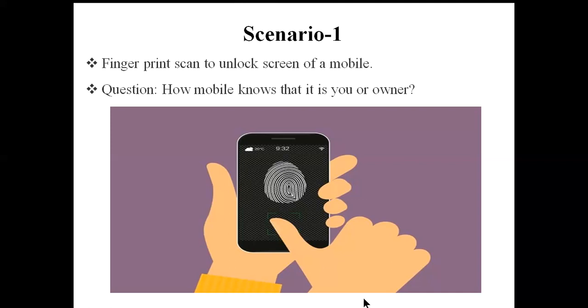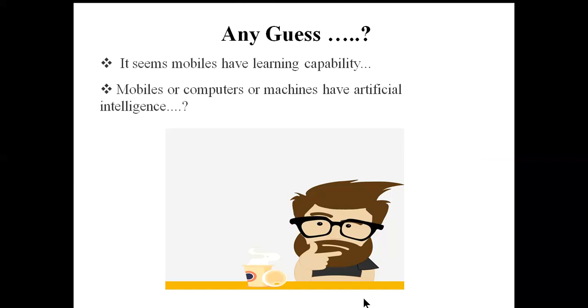If the fingerprint matches its database, then it will be unlocked. Else it will show an error. So the question arises, how does the mobile know that it is you, the owner? Obviously we can conclude that mobiles have some kind of artificial intelligence, or learning capability, else it cannot identify your fingerprint.